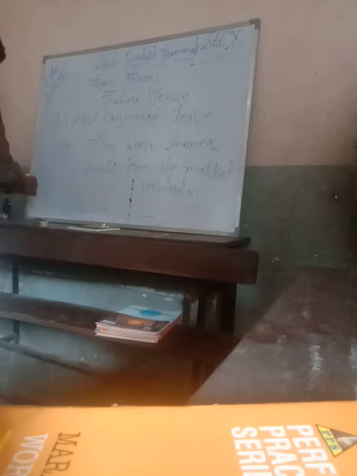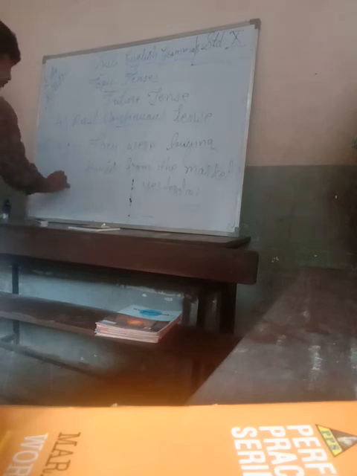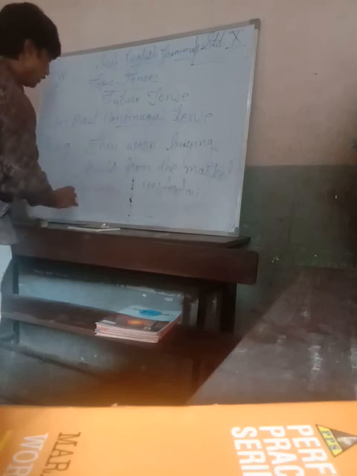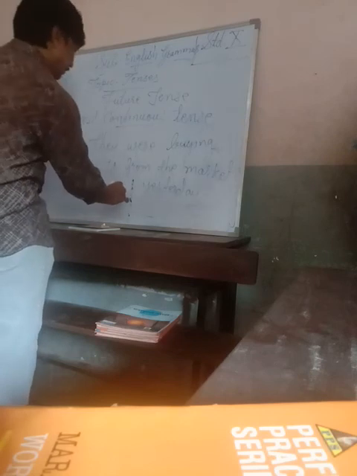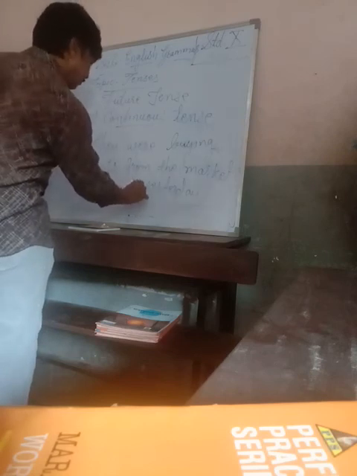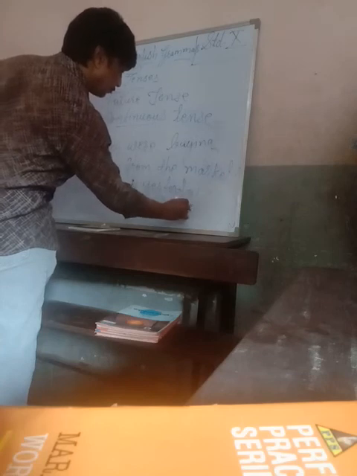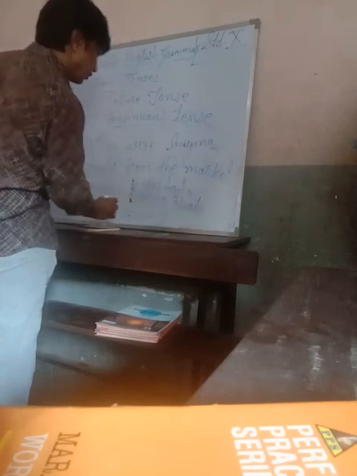Now we have to change it into negative. So they were, since it is plural, were is used. They were not buying fruits from the market yesterday. One minute, I have to write this sentence up.